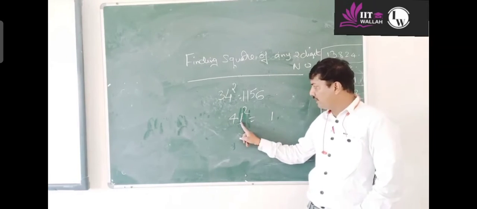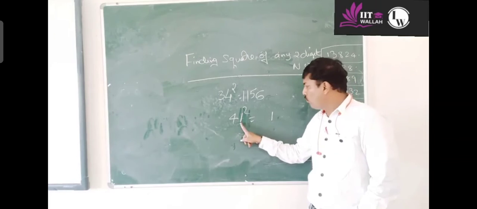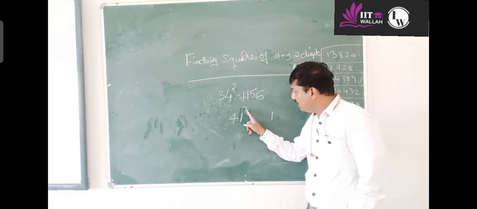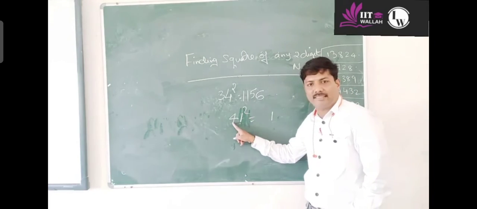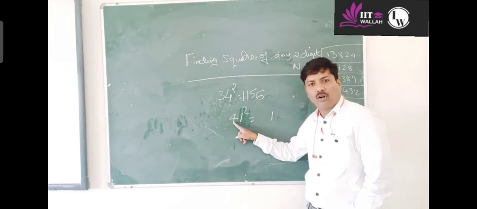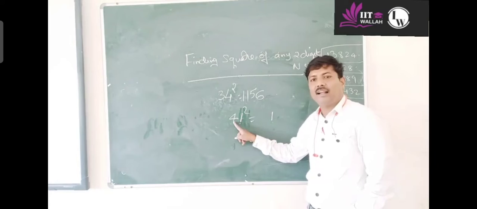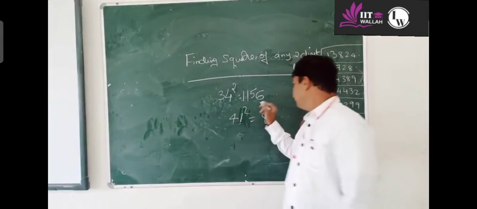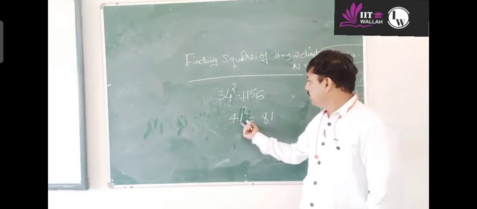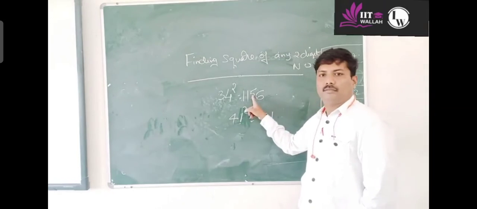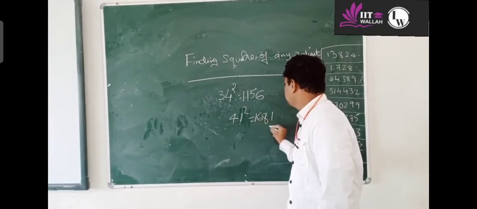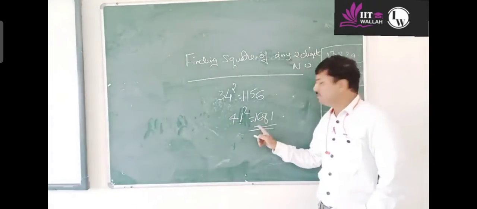First you square this ones place number. 1 square is 1. Then you multiply these 3 digits, which you can see here. 2, 1 and 4. So 2 1s are 2, 2 4s are 8. The last step is 4 square, 16. So 1, 6, 8, 1 is the square of 41.